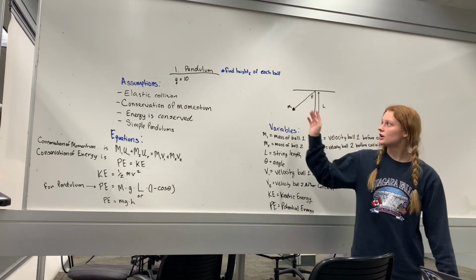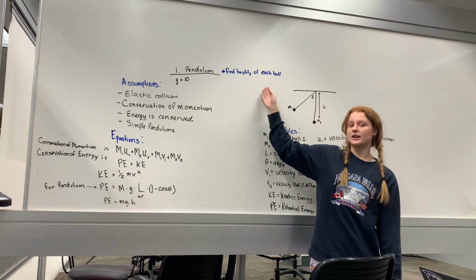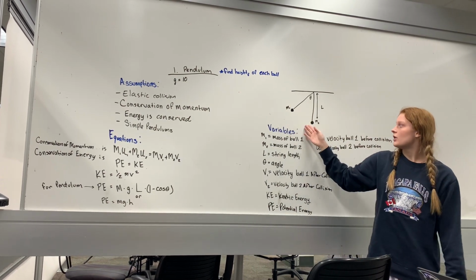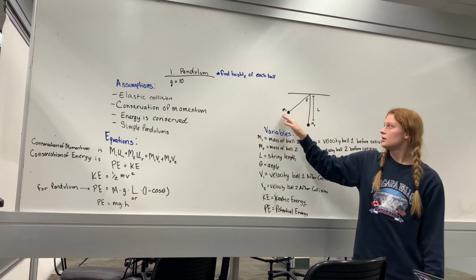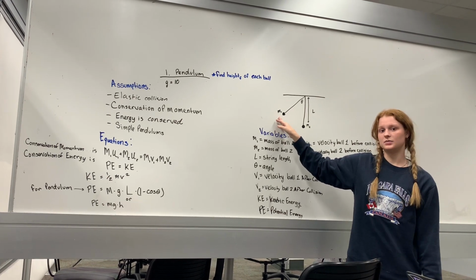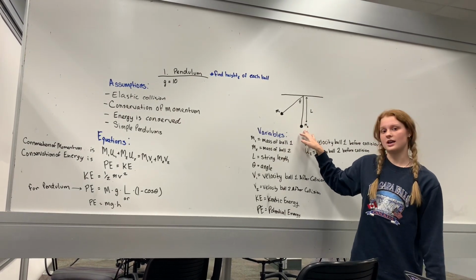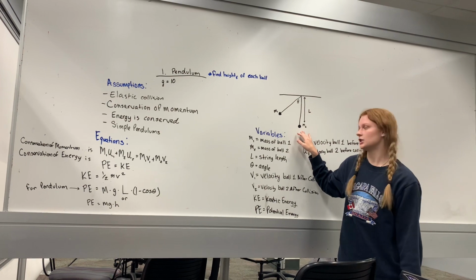For the equation, we are trying to find the final height of each ball. These balls are on a pendulum, and mass 1 is being dropped, and mass 2 has an initial velocity of 0.